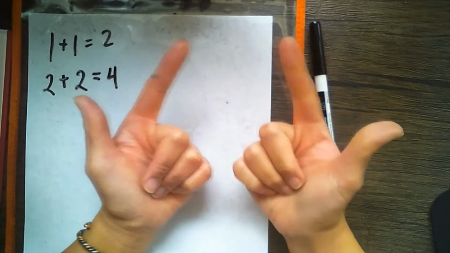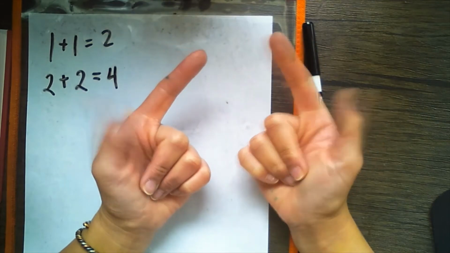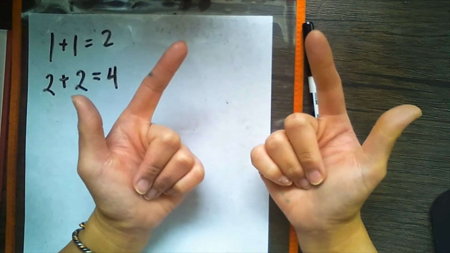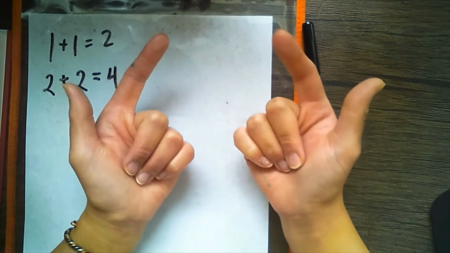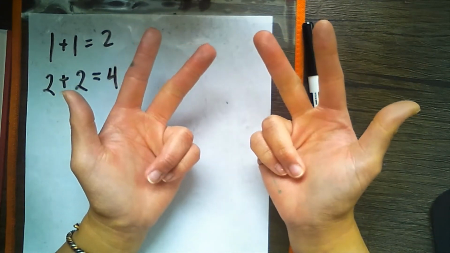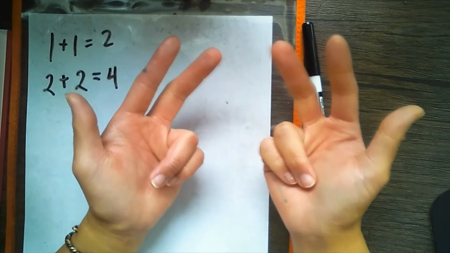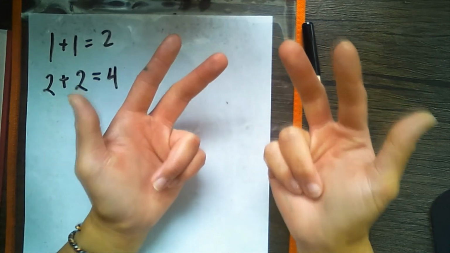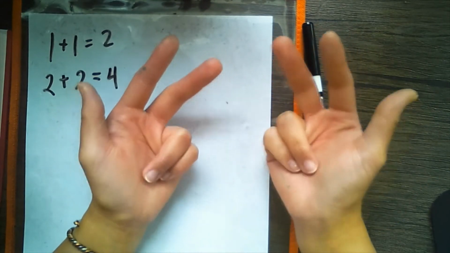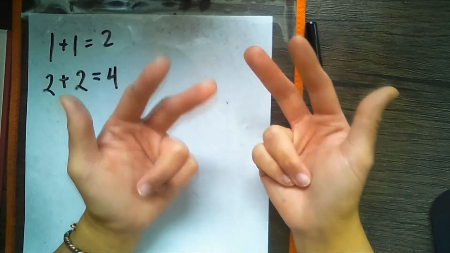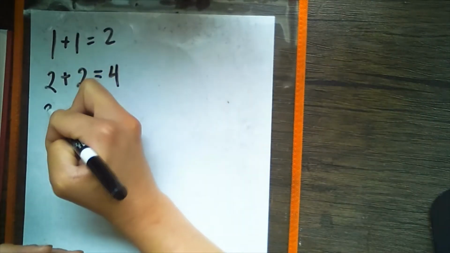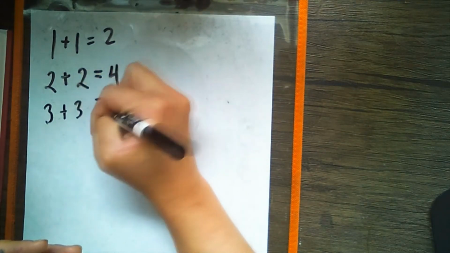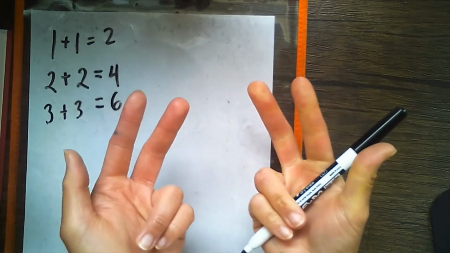So go ahead and put your index fingers and your thumbs back up, just like this. Now go ahead and pop the next fingers. Bloop. What addition sentence or equation matches the amount of fingers we have on each side and total? Great. 3 plus 3 equals 6.